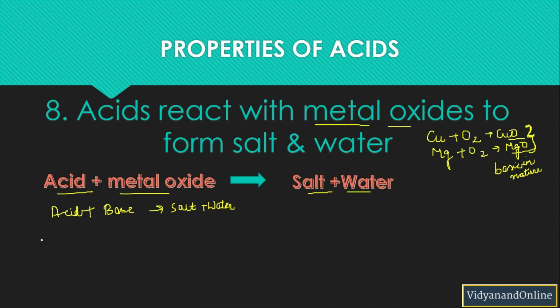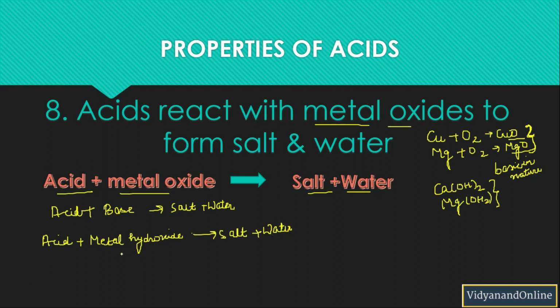Moreover, if you have acid with metal hydroxide, could be calcium hydroxide, magnesium hydroxide and so on, these hydroxides are also basic in nature. So whenever you have acid with metal hydroxides, they also give salt and water, because we know acid reacts with base to give salt and water.